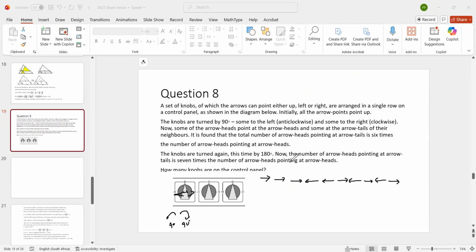Suppose it's a set of knobs. You don't know how many there are. In the end, the question is how many knobs are on the control panel.